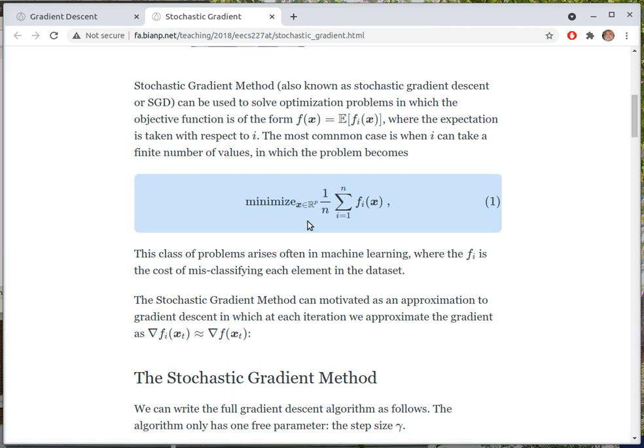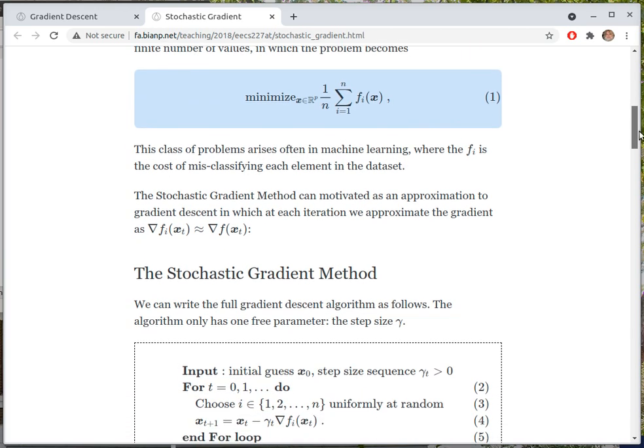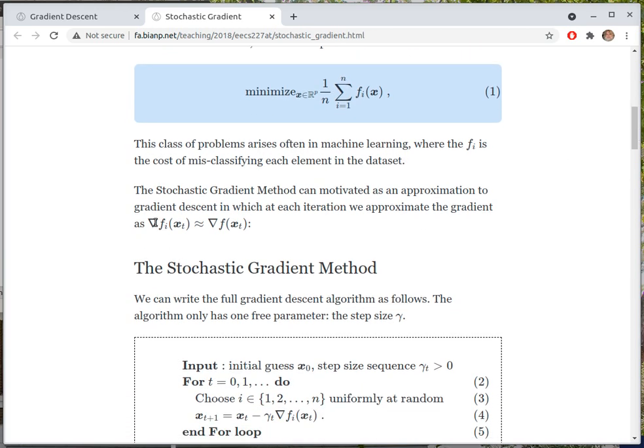So the idea is that right now the error function depends on a huge number of sums. We have to sum a huge number of things together. And like I said, if we're using a sum of squares error, then this n up here is actually the number of points that you have in your problem. Okay, and so this is the approximation right here.